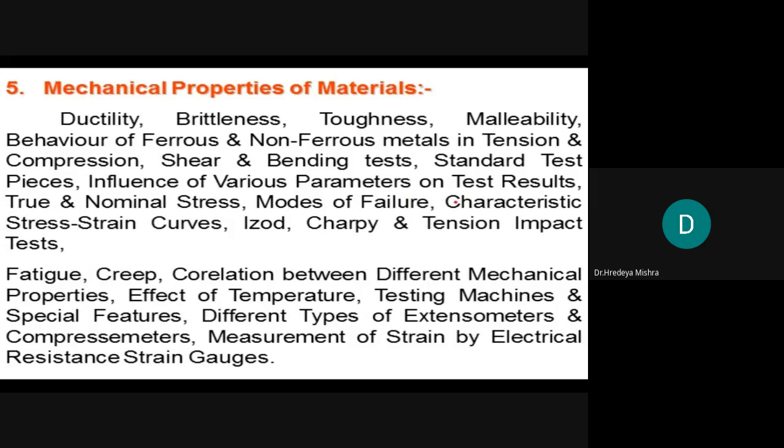Influence of various parameters on the test result, true and nominal stresses, mode of failure, characteristics of stress and strain curve. I will briefly explain the stress and strain curve, because it comes around unit 2 and 4.